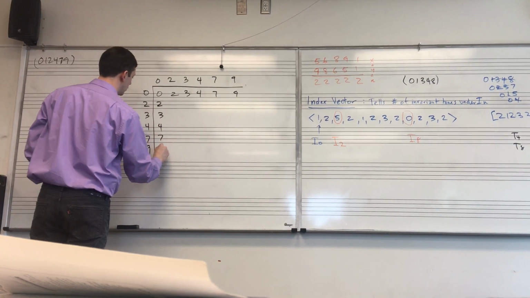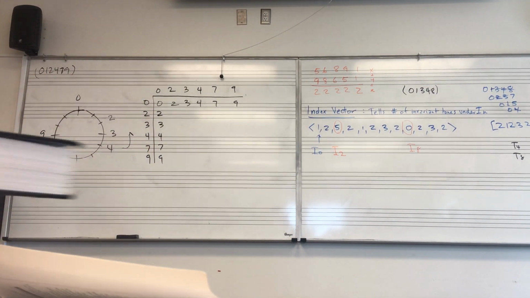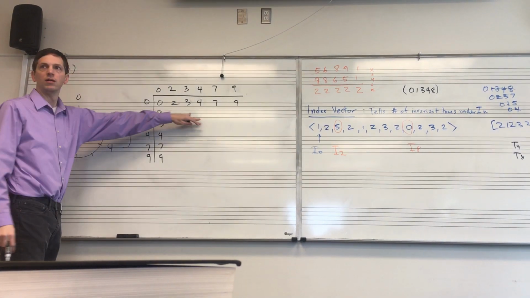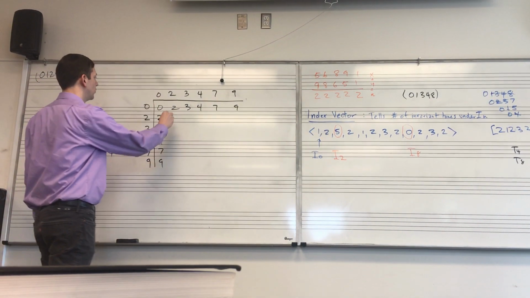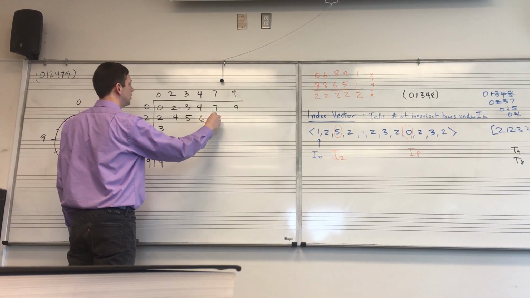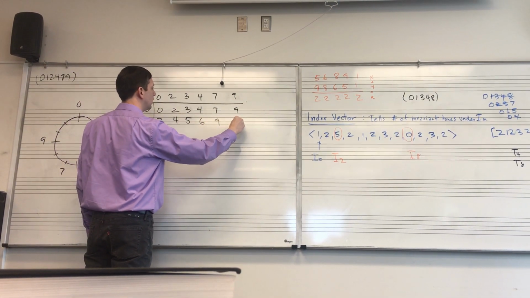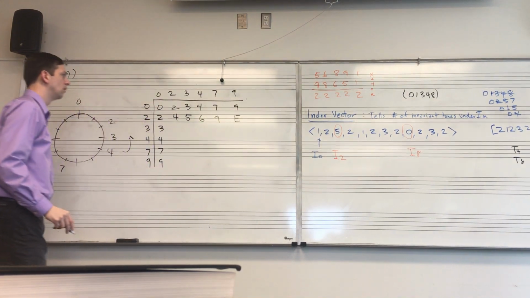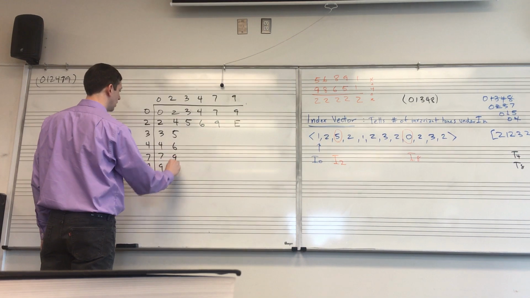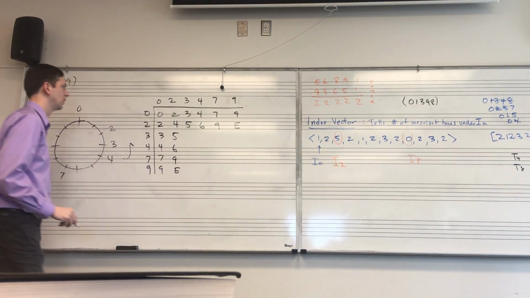Easy, first row, because adding 0 to all the numbers. Okay, now you fill in: 2 plus 2 is four, 4, 5, 5, 6, 6, 9, 11.